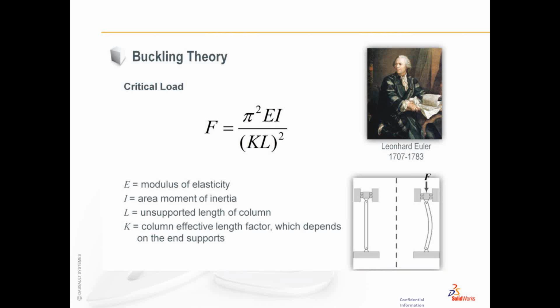Or it may have another type of connection, like a pinned connection or a roller connection, depending on the reality of the structure itself. So as we increase the characteristic length, so we have a longer structure, or we have a certain end condition that through the term K adds effective length to that structure because we have some type of pinned or free or roller condition at the end, the longer the effective length, the lower the critical load necessary to cause buckling of the structure.